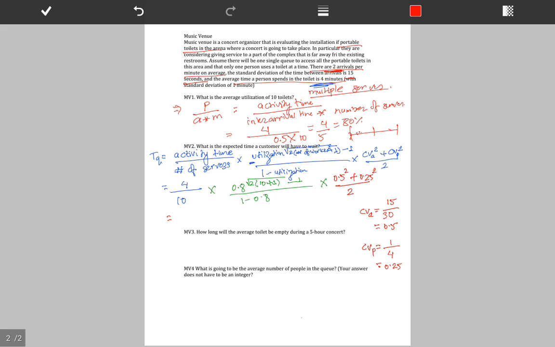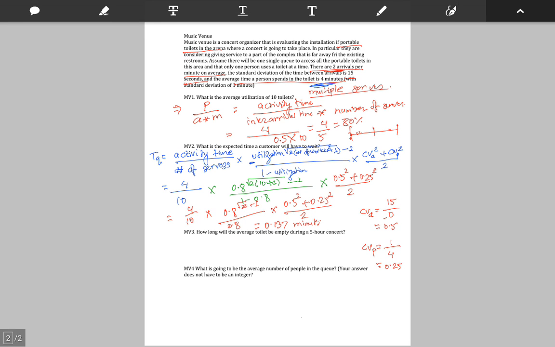So basically you should do 4 divided by 10, multiplied by 0.8 to the power of the square root of 22 minus 1, divided by 0.8, multiplied by 0.5 squared plus 0.25 squared divided by 2. You do all this math, and the answer comes out to be 0.137 minutes. I trust you can do that calculation yourself.